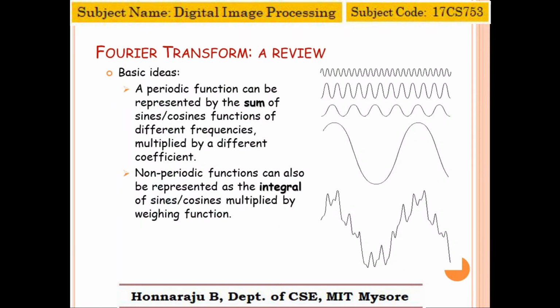A periodic function can be represented by a sum of sines and cosine functions of different frequencies multiplied by a coefficient. Here you can see there are different frequencies: frequency 1, frequency 2, frequency 3 and frequency 4. You can see the difference between each frequency.